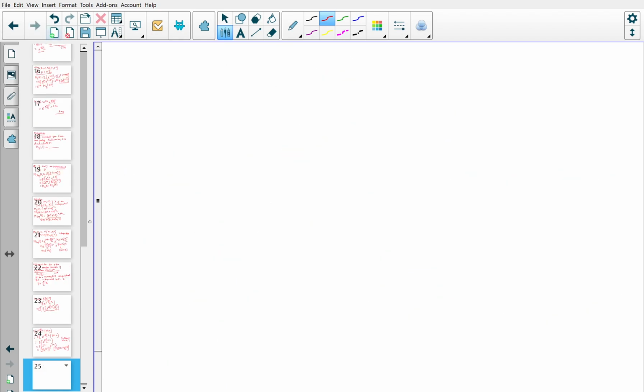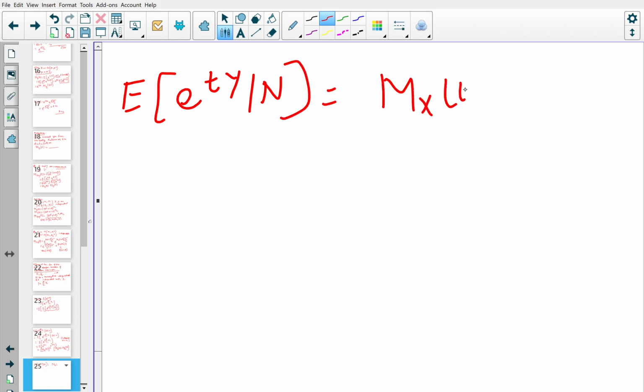So this is true for every n. If this is true for every n, then what happens? Then you can write the expectation of e to the power tY given N equal to n, and this is M_X(t) to the whole power n.